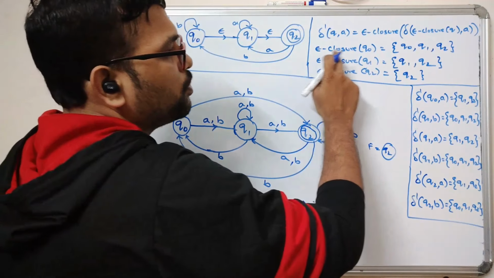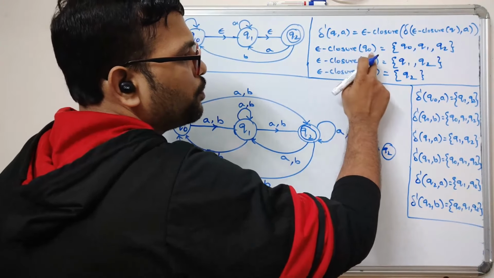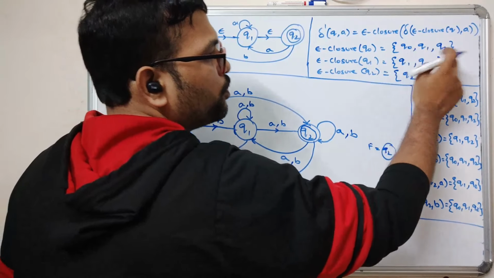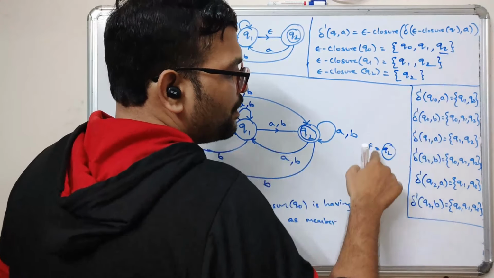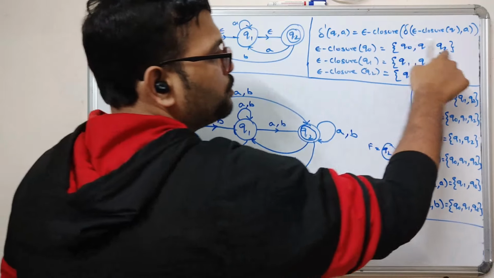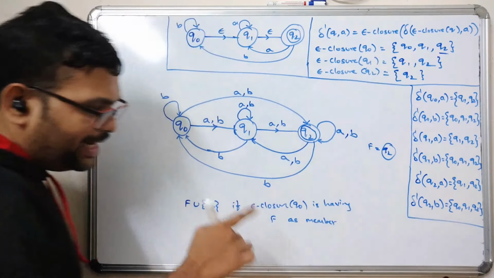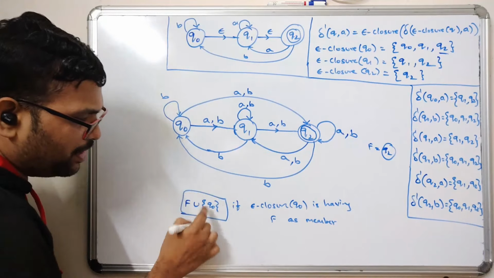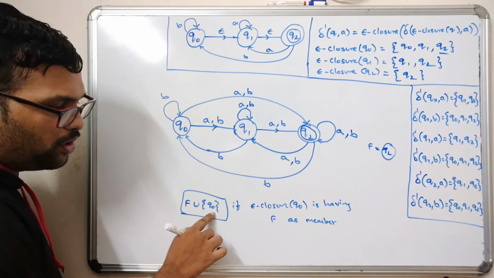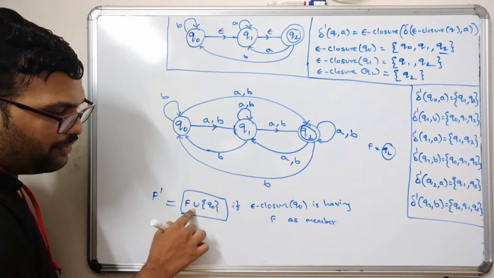So what is epsilon closure of Q0? Epsilon closure of Q0 is having Q0, Q1, Q2. So here you can find Q2 is a final state, and it is a member of the closure of Q0. So the final state should be having the Q0. So F dash is equal to F union Q0.